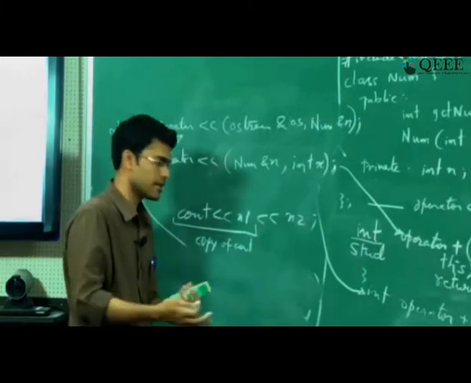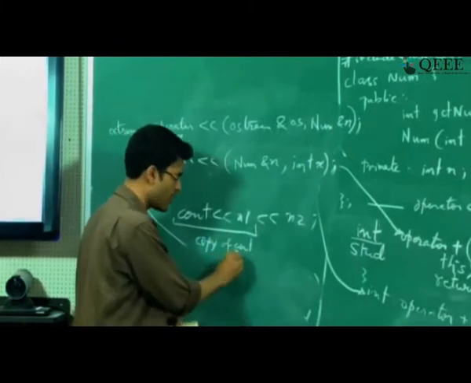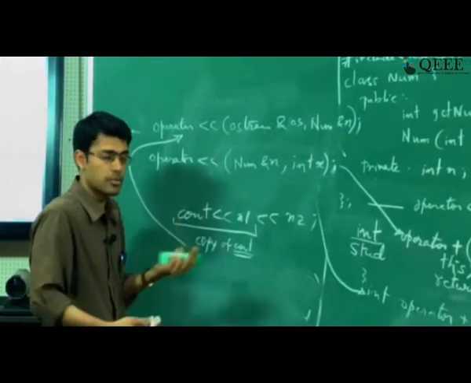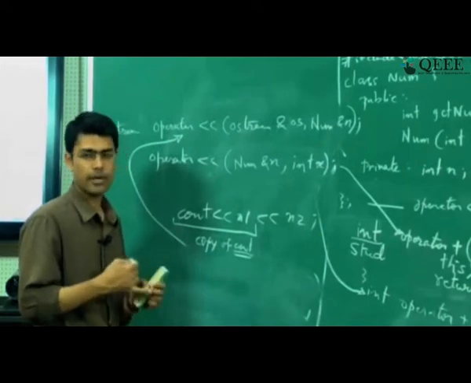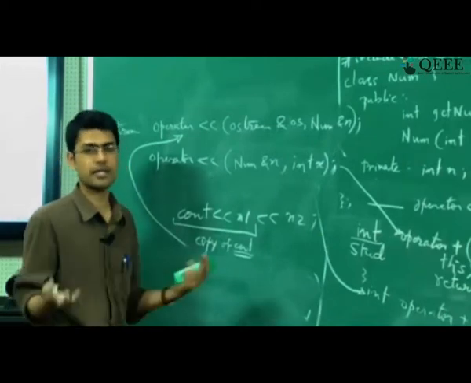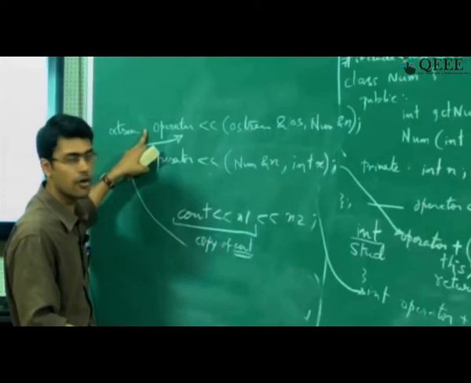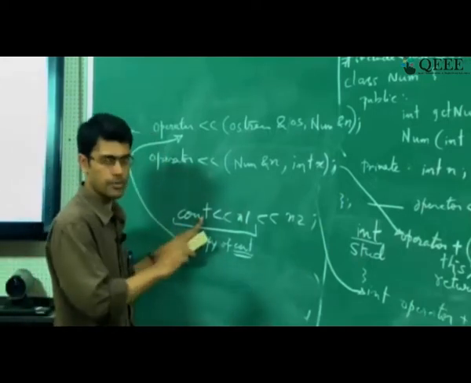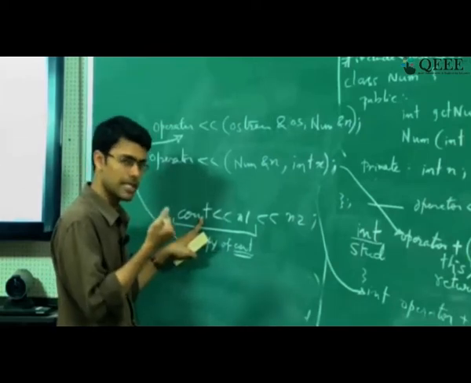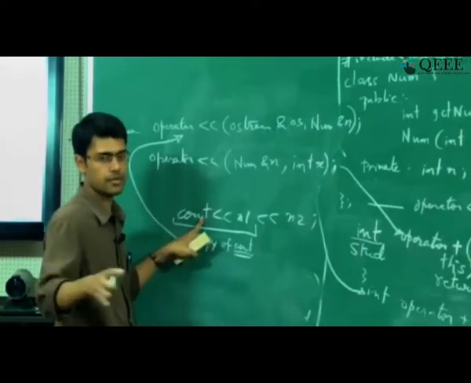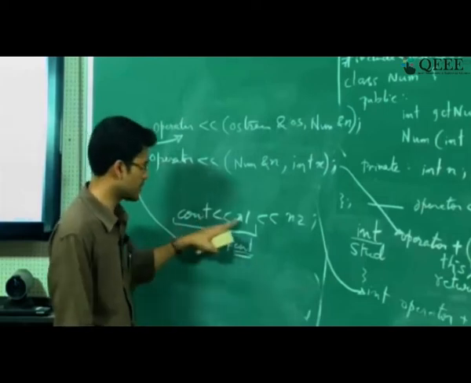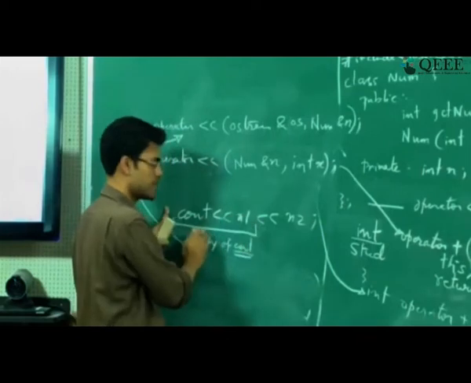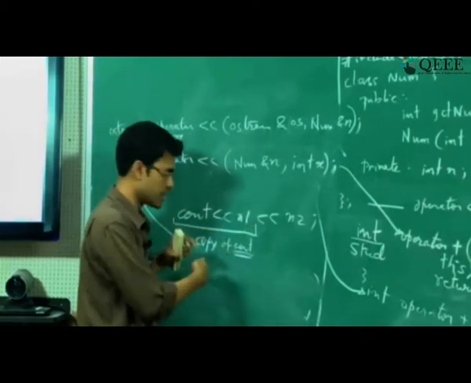However, as far as functionality is concerned, the internal state of cout is going to get into problems if you make a copy, and it's possible that either you will see garbage printed, or you might see that nothing has been printed. In general we want the same cout object. Cout is an object, and we want only that cout to be used for all the printing, and therefore when we chain it up, we need to return a reference to cout so that it's the same cout object which gets used.